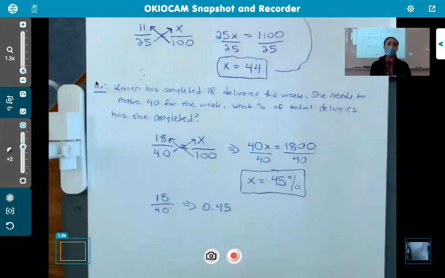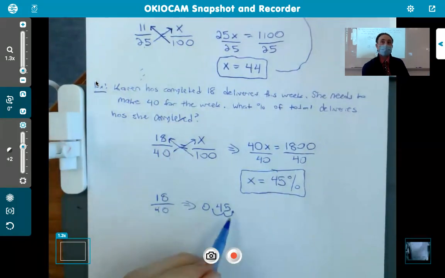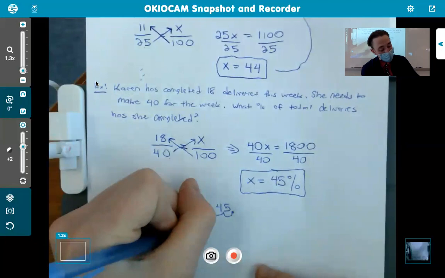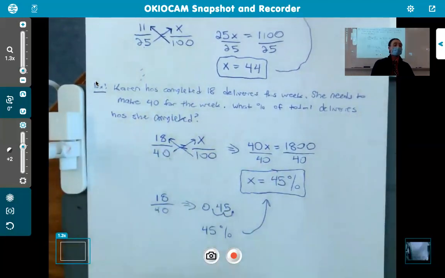Remember, going back to a week or two before the break, a way for us to convert from a decimal to a percent is to just move our decimal point 2 places to the right. Remember, tens, hundredths, everything's out of 100. We'll notice that we have 45, which is exactly what I found before when I set up my ratio.